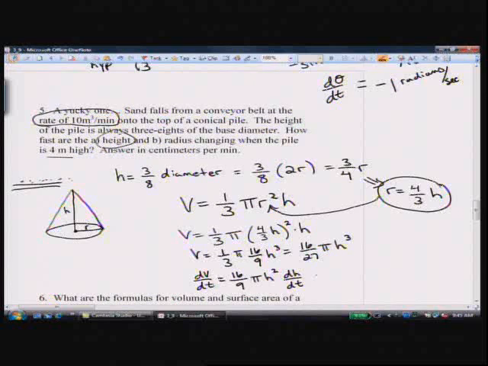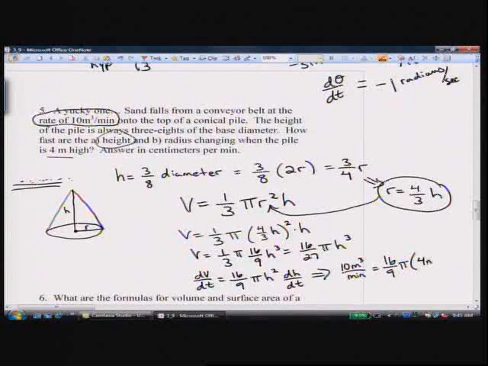So I can plug in 10 cubic meters per minute for dV/dt. I've got 16/9, I've got pi, and I know h is 4 meters squared. And then that's dH/dt. So I'm going to do 10 cubic meters per minute. And, all right, this is 16 times 16, so 16 squared with a pi.